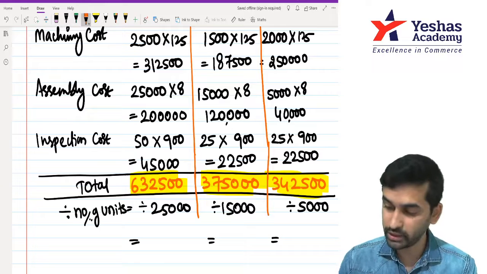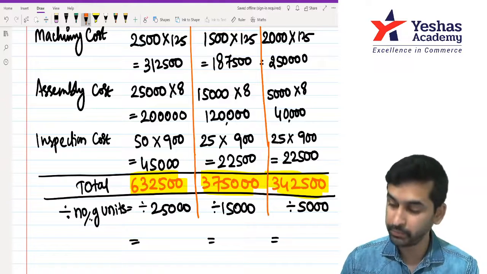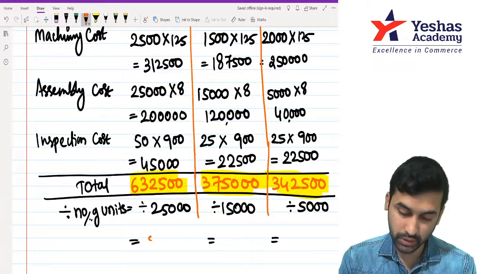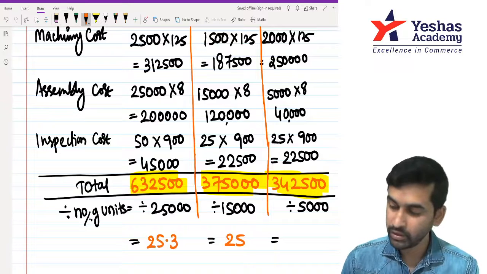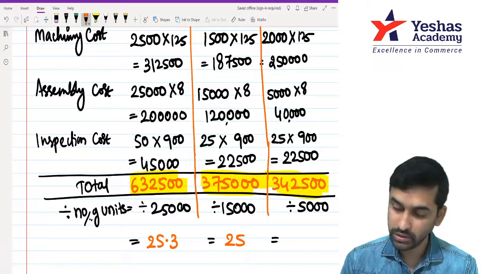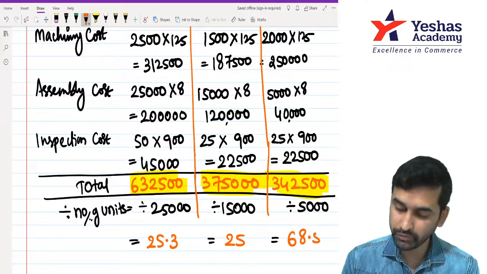So 632,500 by 25,000 is 25.3. 375,000 by 15,000 is 25. 342,500 by 5,000, 68.5.